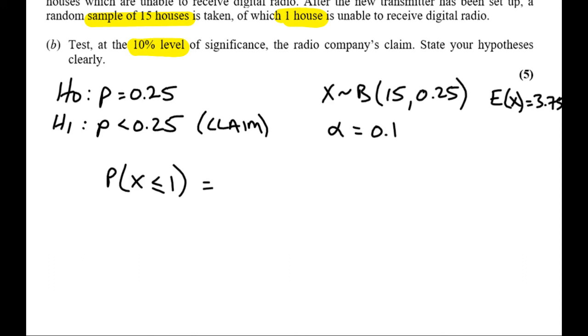Let's go ahead and find out what the value is. So, probability that X is less than or equal to 1, we can look this up in the tables, is 0.0802. I'm going to make a quick comparison. This does end up being smaller than 0.1, which means we have a significant result.